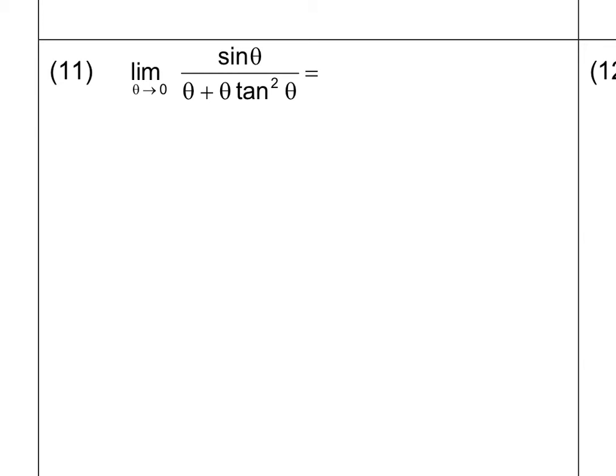Well, let's start off with the thing I neglected before. What is the tangent of 0? 0. 0 over something, right? Over 1, exactly. Remember, tangent is sine over cosine, opposite over adjacent, but also sine over cosine.